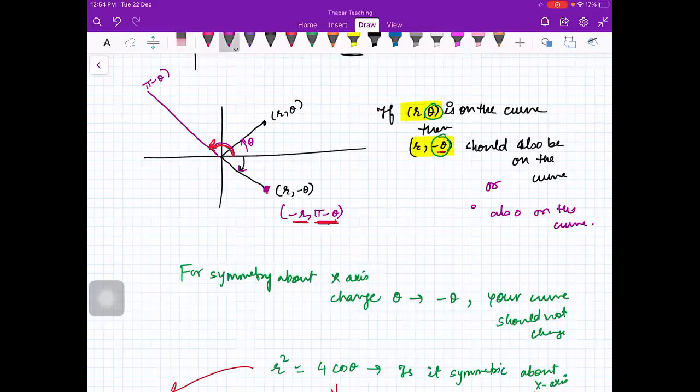What will be this angle if this angle is theta? Pi plus theta cannot be. Right. So you have this angle as theta, and this angle is minus theta. Pi minus theta is the name, right? This is pi minus theta.